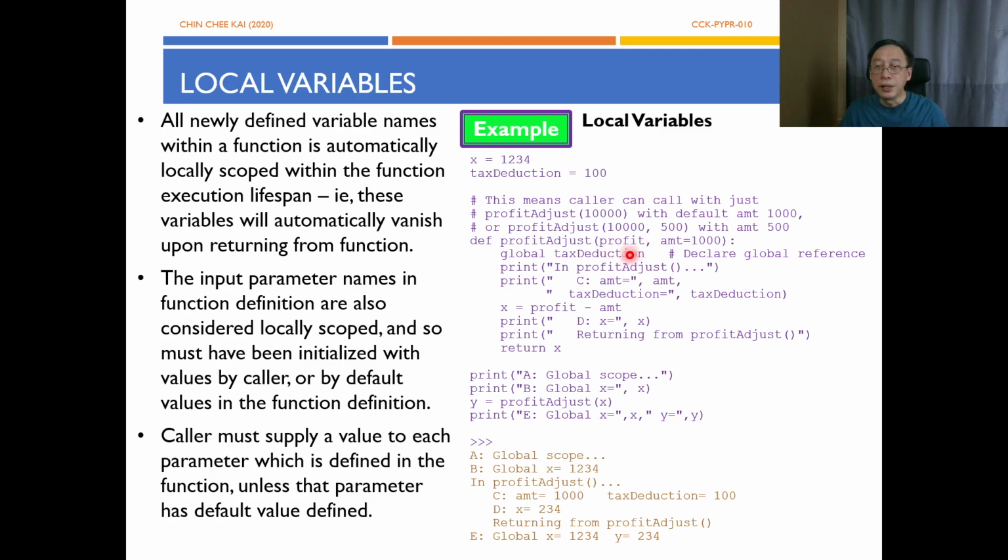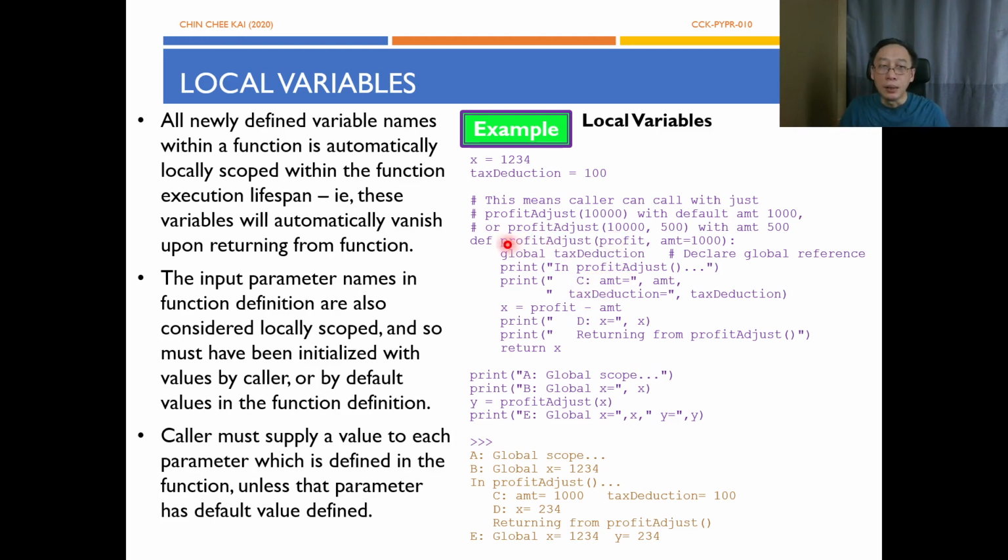And profit, amount, x, and so on, they are all considered local variables. So first of all, let's know how to categorize them. And we learned about global and local variables in that sense. But here we are encountering sort of a new local, the local that is within the function itself.